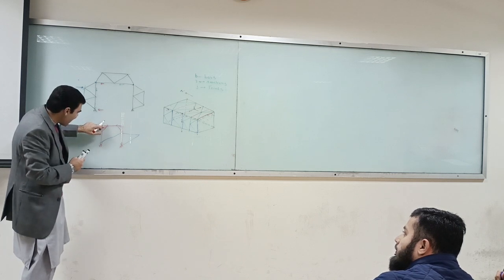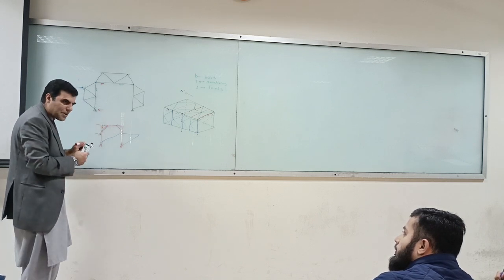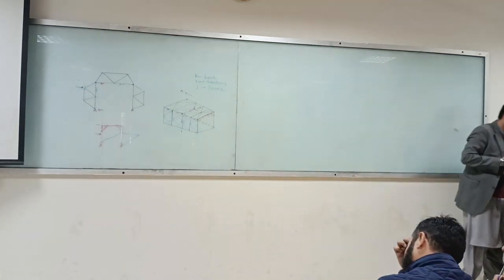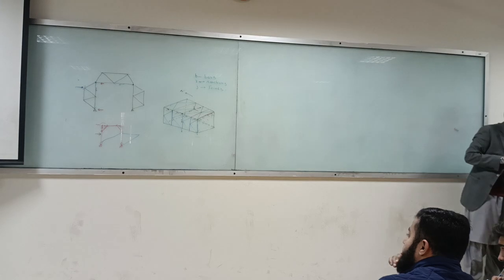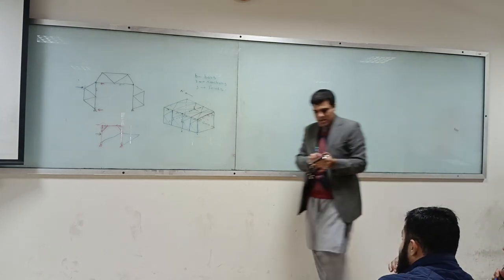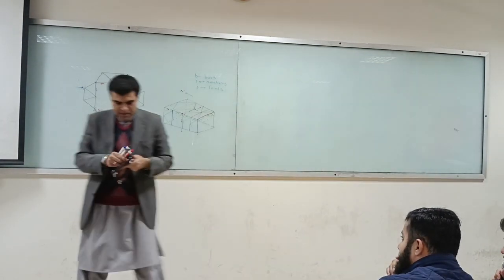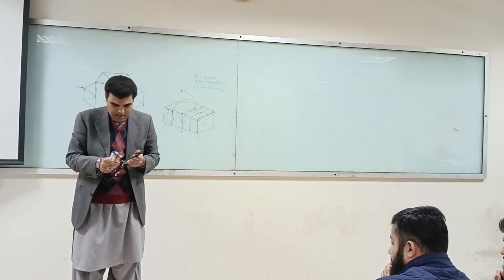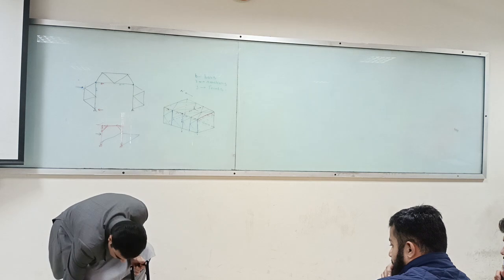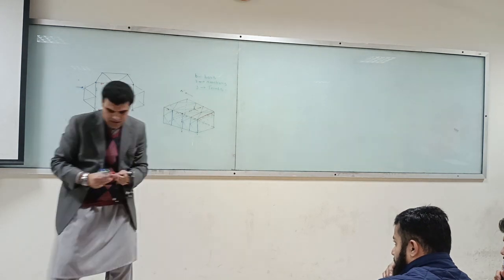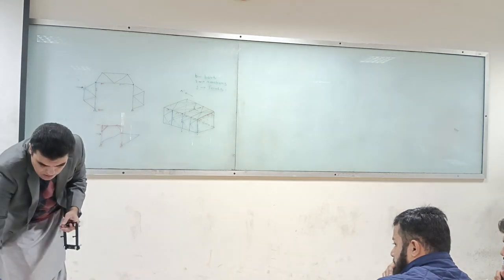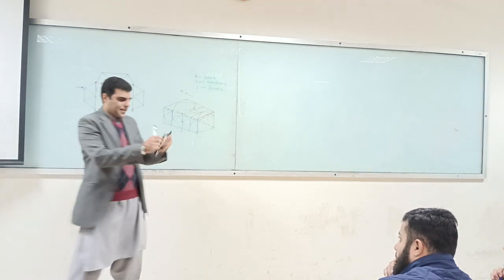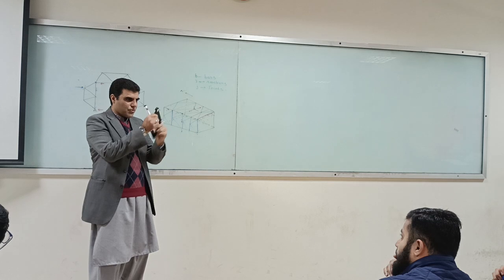So once I tied it, now what will happen? In other words, I've got this member, and this can easily move.